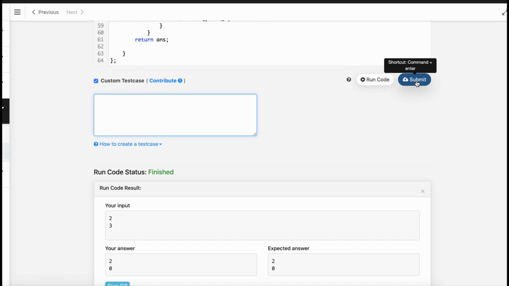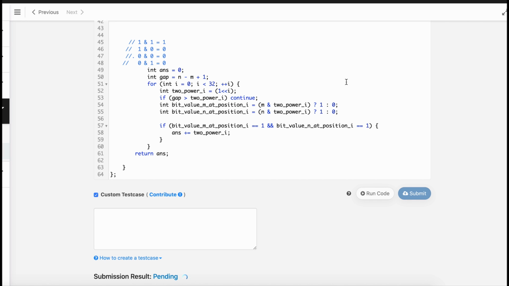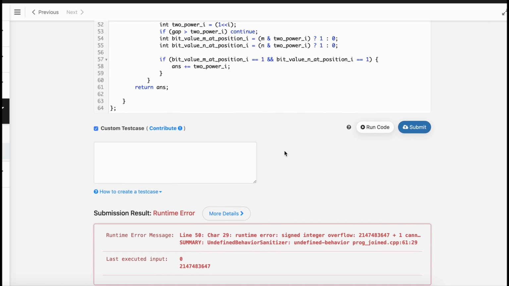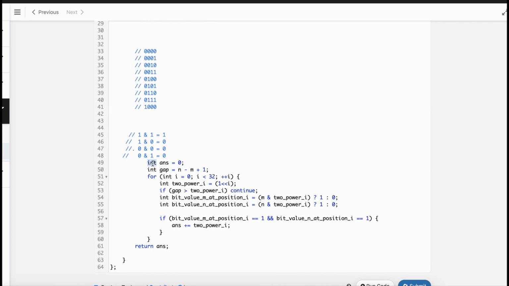Anyway, let's submit the problem. Runtime error, integer overflow. Well, let's hold it as a long.